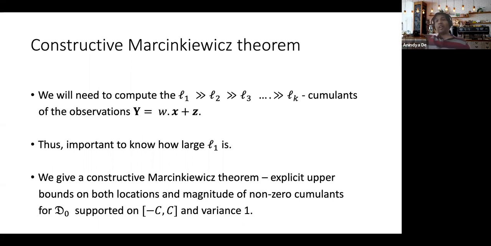After that, where do you find the 11th one and then the 97th one and so on? You know there's always an answer because there are infinitely many non-zero cumulants, so you can always go sufficiently high and find another one. I don't know if I answered your question really. But for general D naught, the proof is entirely non-constructive. We do not give a bound. We just say something dependent on D naught.